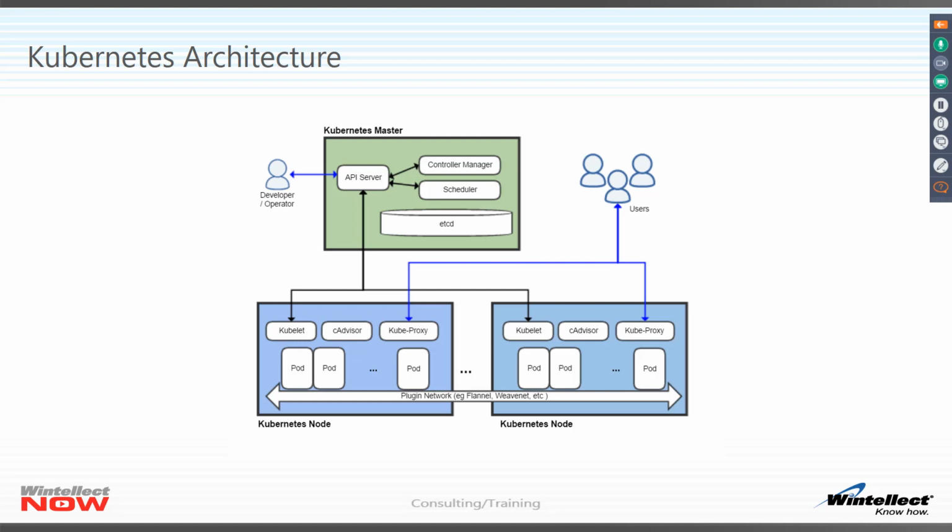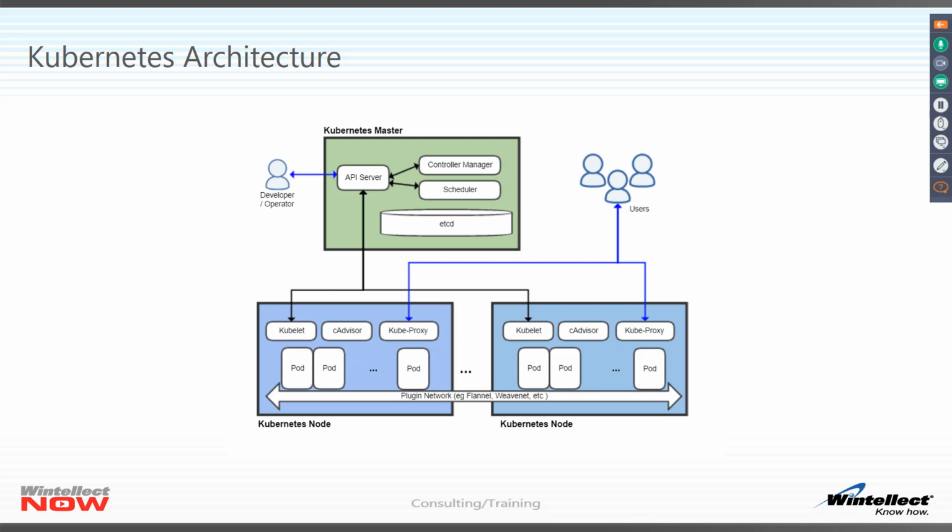Now, what you would typically have in a configuration for a production environment is probably at least 5 machines. Typically, you have an odd number of masters, so recommended would be at least 3 masters and 2 or more nodes.